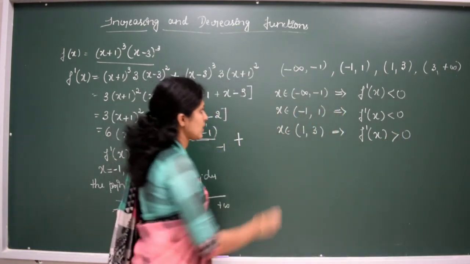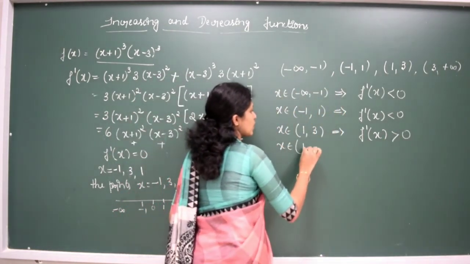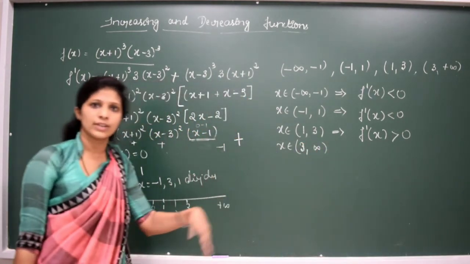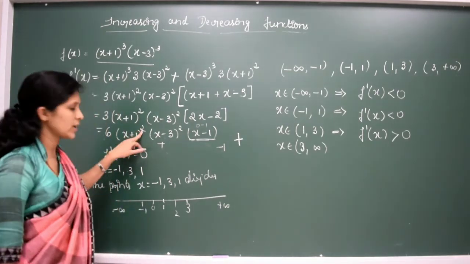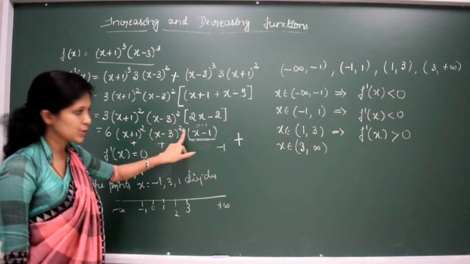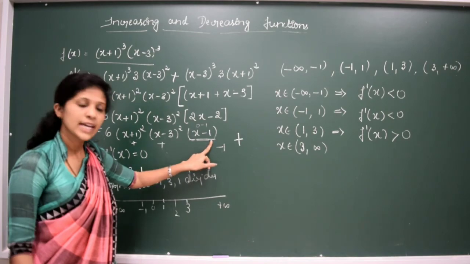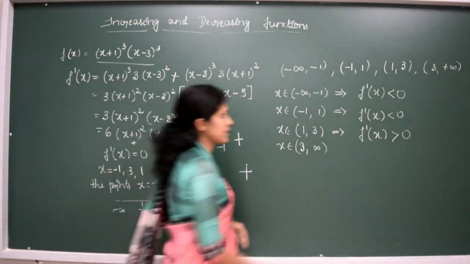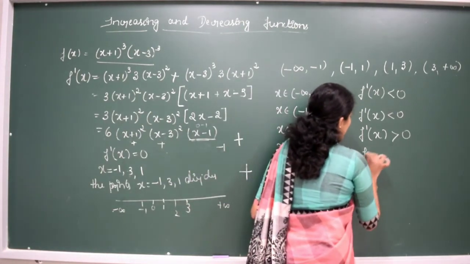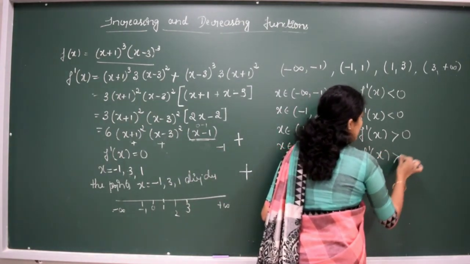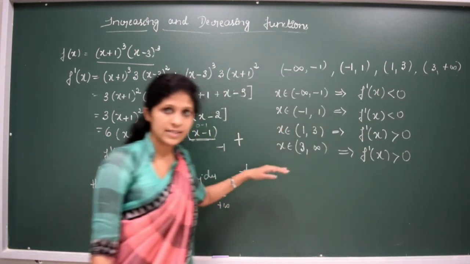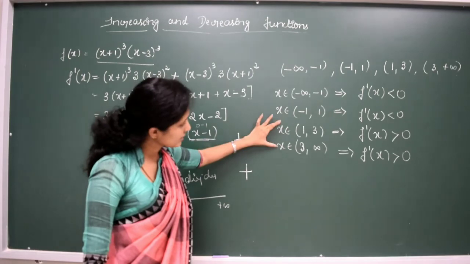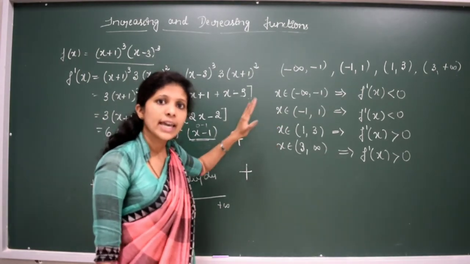We'll check the last one, x belongs to 3 to infinity, all positive values more than 3. I'll consider 4. The squares are positive, and 4 − 1 is 3, so it is again positive. So f'(x) will be greater than 0. So in 2 intervals the function is decreasing and in the other 2 intervals the function is increasing.